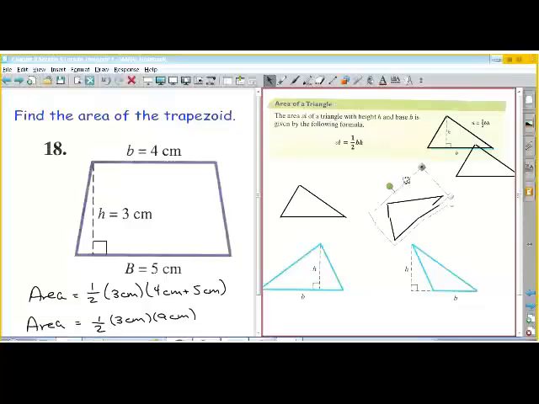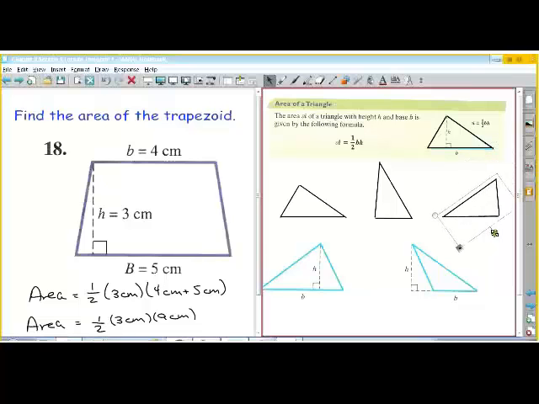So that's the original orientation. If I take this and rotate it around to there, and the third way I'd do it would be, I guess, this side right now. So these are all the same triangle, just oriented differently.